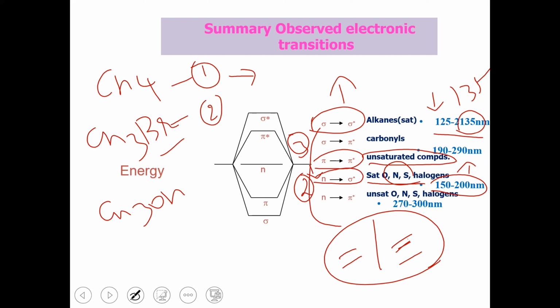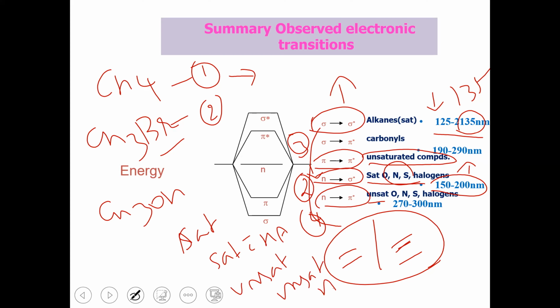That's how you can differentiate and study each transition and the respective compounds as examples, so that you can easily answer. And the last one is n to pi star, which again falls under unsaturation with heteroatom. So you have only four categories: number 1 saturated, number 2 saturated with heteroatoms, number 3 unsaturated, and number 4 unsaturated with heteroatoms.